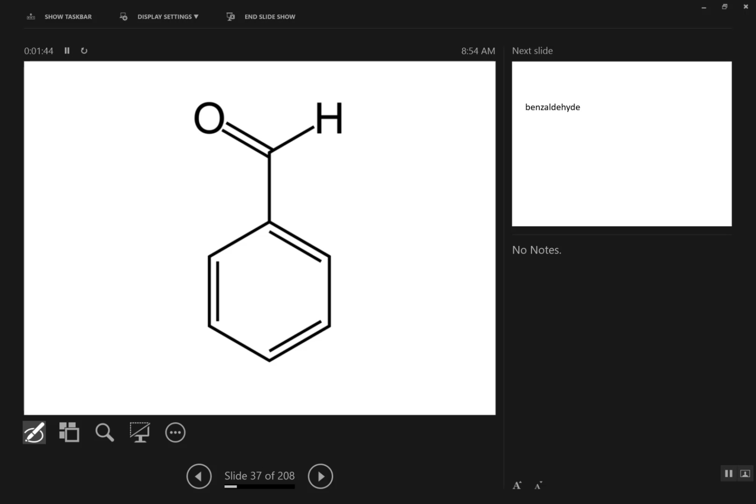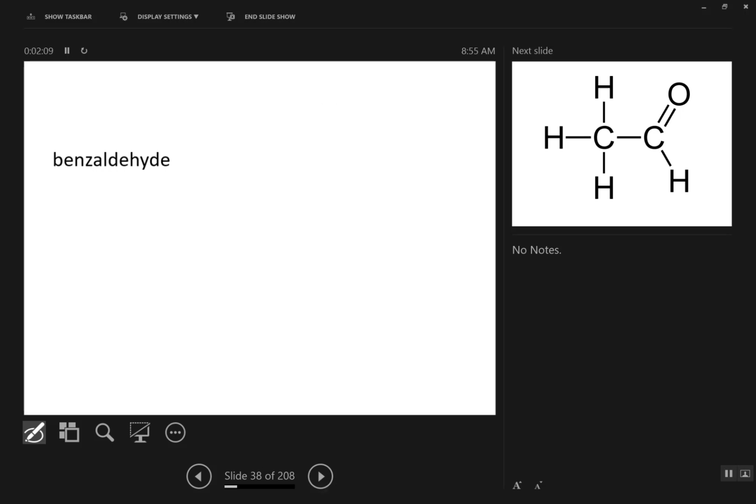What's that? It's an aldehyde. So benzene aldehyde, we're going to call that benzaldehyde.